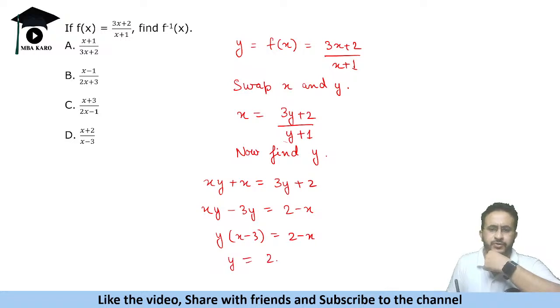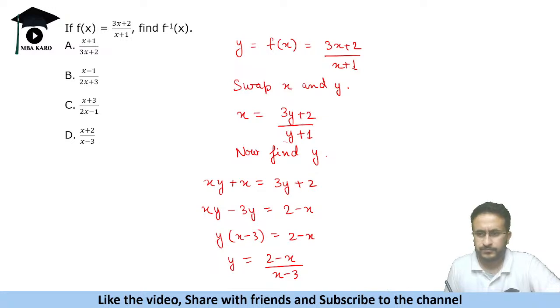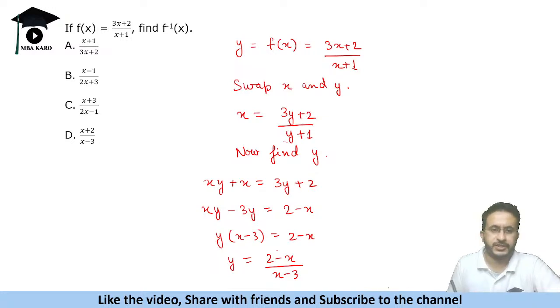So y will be (2 minus x) upon (x minus 3). ये आ रहा होगा. ठीक है, (2 minus x) upon (x minus 3) तो ये होगा.